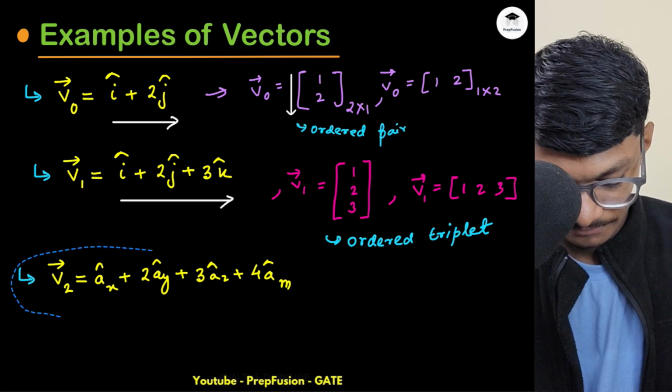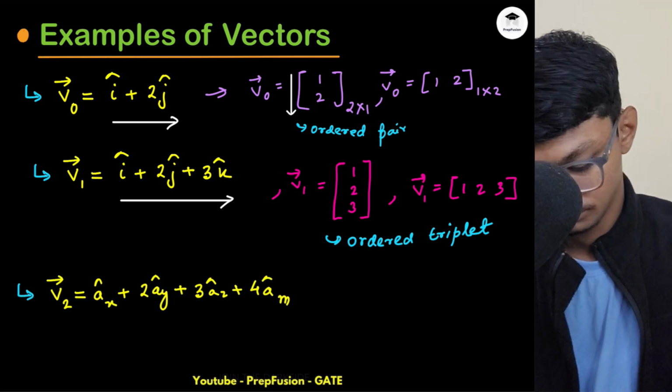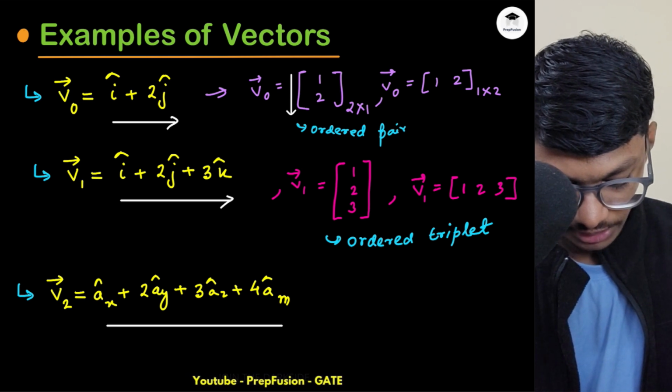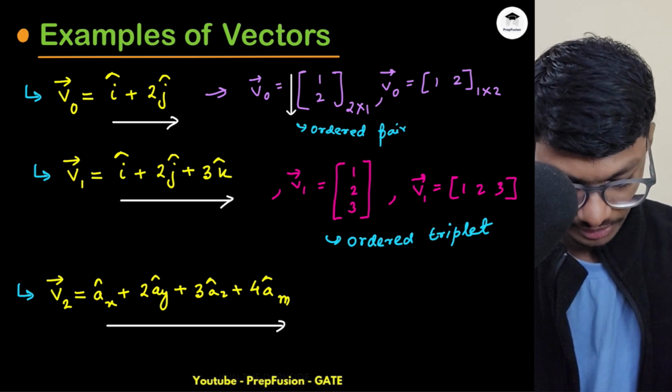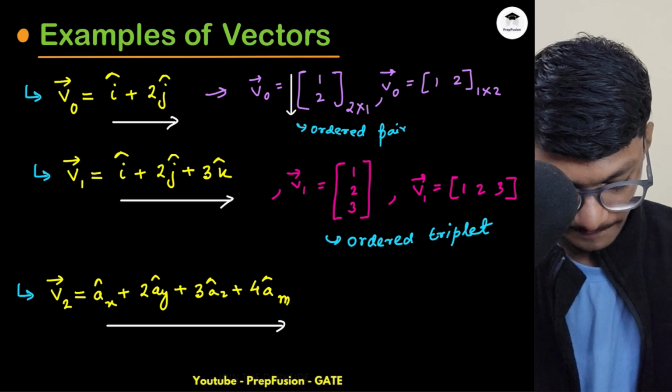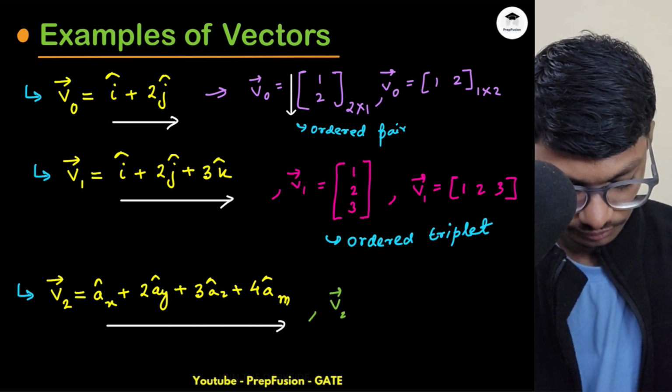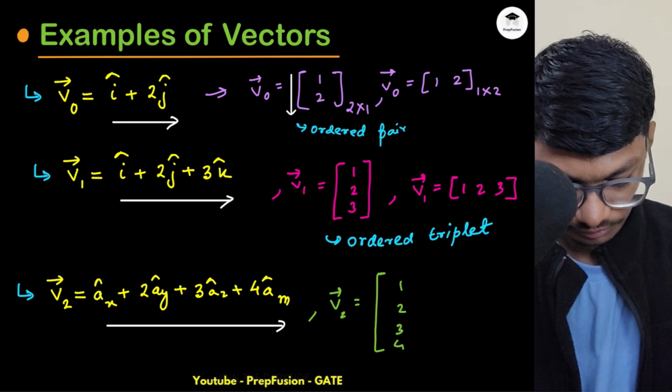Now here I have 4 numbers, right? So my matrix, let's do it a bit quickly. v2 will be 1 2 3 4.